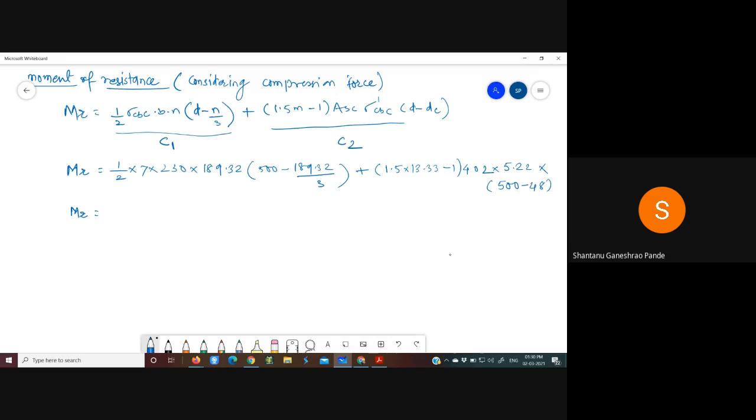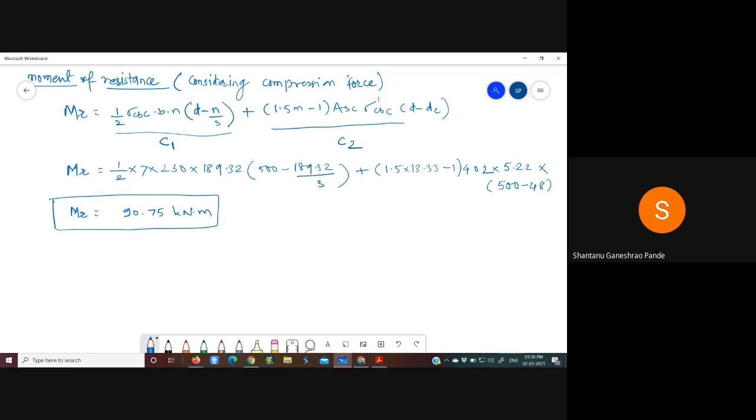All of you getting the same value? Yes, sir. So 90.75 kilonewton meter is the moment of resistance offered by this doubly reinforced section.